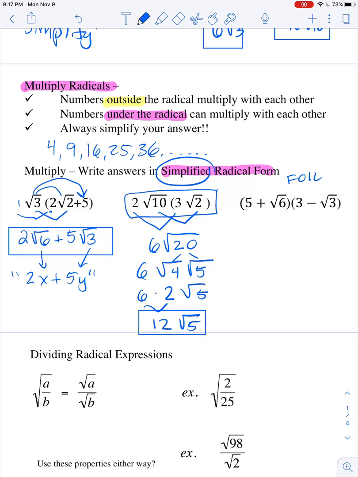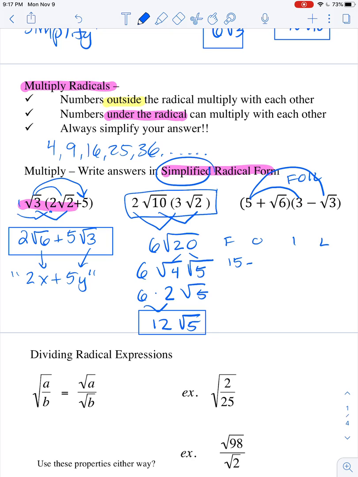Now here, I'm going to have to go ahead and do what I know from the past and do FOIL. Just like in this first problem over here, I knew I'd have to distribute because I have a term in the front and then terms on the inside that are separated by adding and subtracting. So here, if I do first, outside, inside, last, I'll be taking these first two terms. So I'll have 5 times 3, which is going to give me a 15.